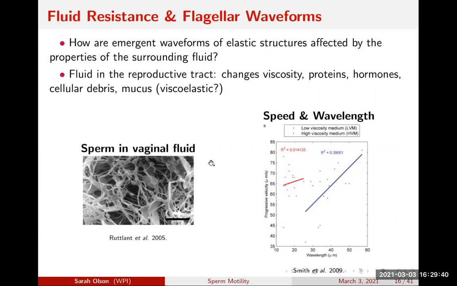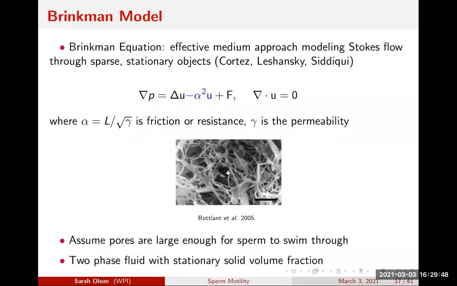There are viscoelastic fluids, and all different ways to capture different fluid properties. We took the approach of using a Brinkman model. And with a Brinkman model, there are a few caveats. The main thing with the Brinkman equation is that it's an effective medium approach.